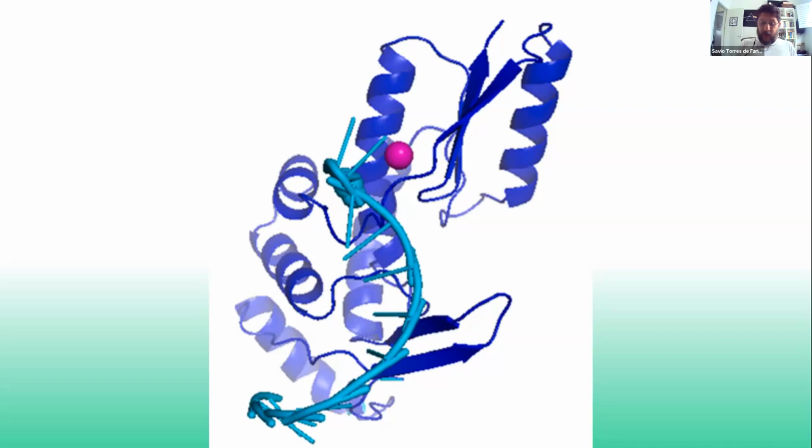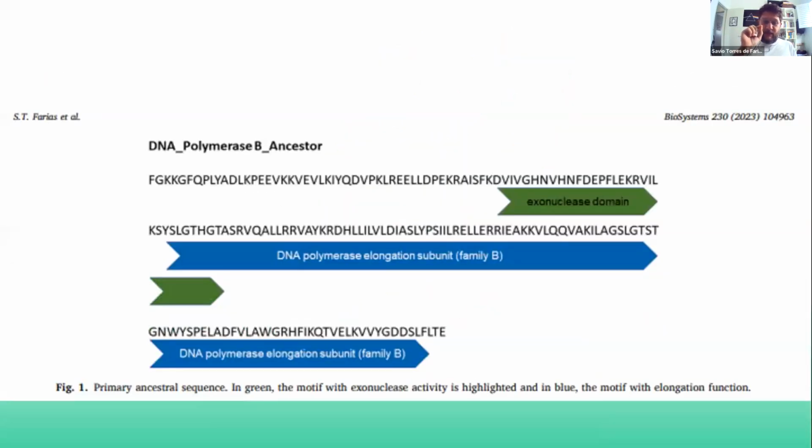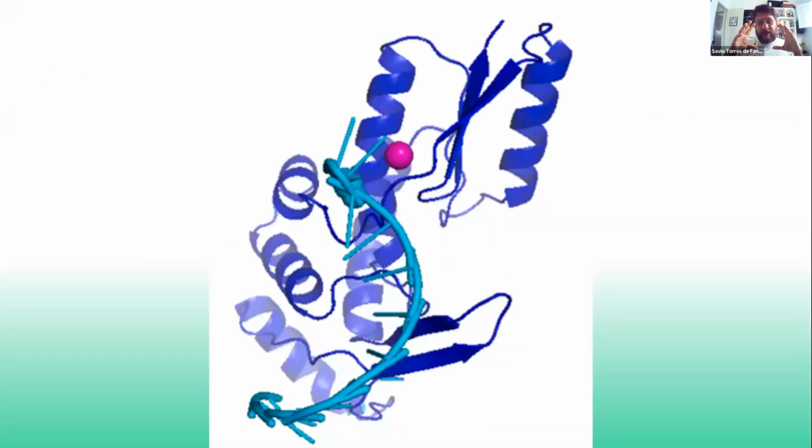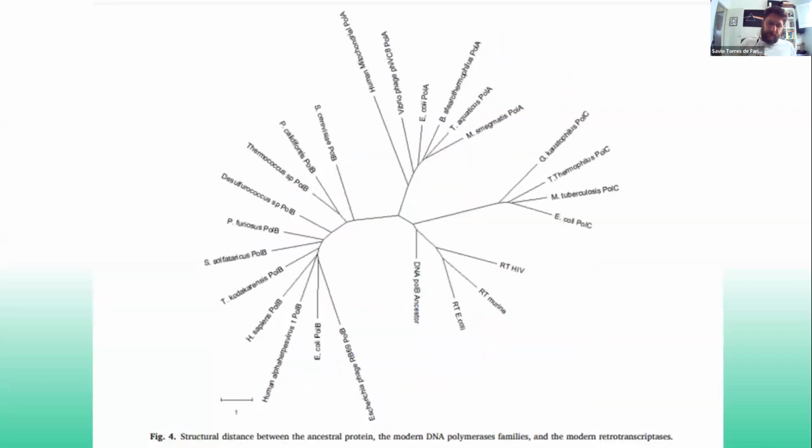And again, when I look at the primary sequence, I can identify all elements of the modern DNA polymerase. But in structural terms, this ancestral protein is more similar to the reverse transcriptase than to the DNA polymerases.